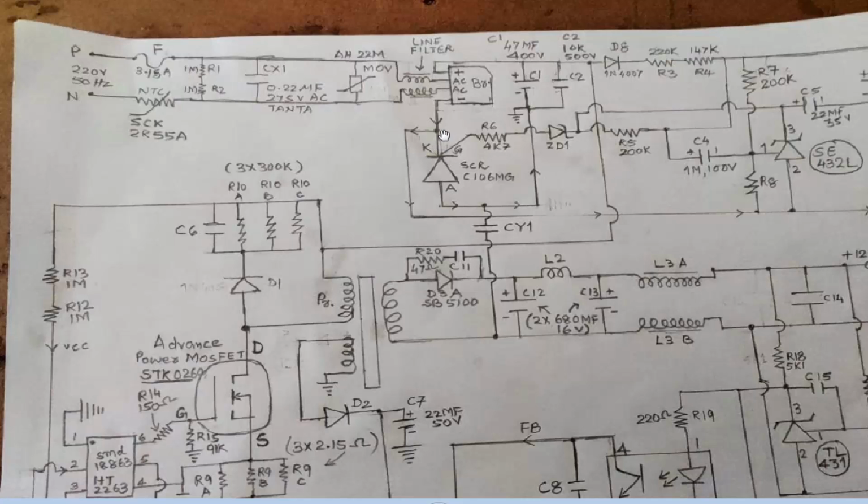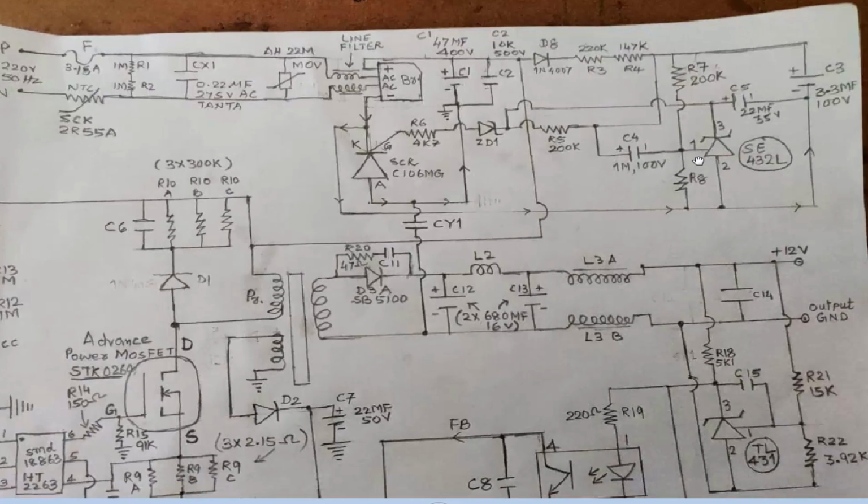For testing only, make a jumper between cathode and anode pins, or make a jumper from the negative of the bridge rectifier to the capacitor negative line. If the circuit starts working, we will ensure that this circuit is the faulty one. So you have to troubleshoot this area.